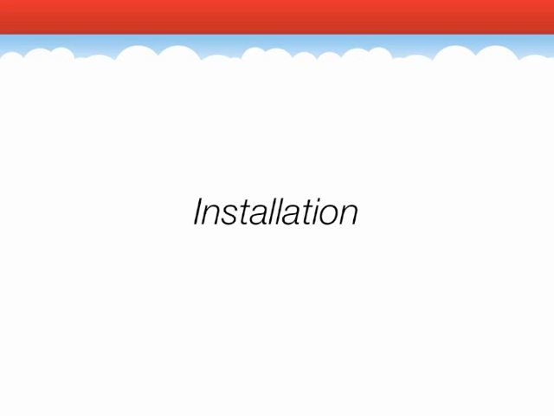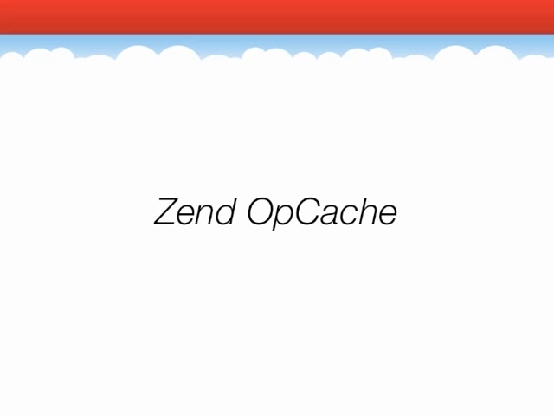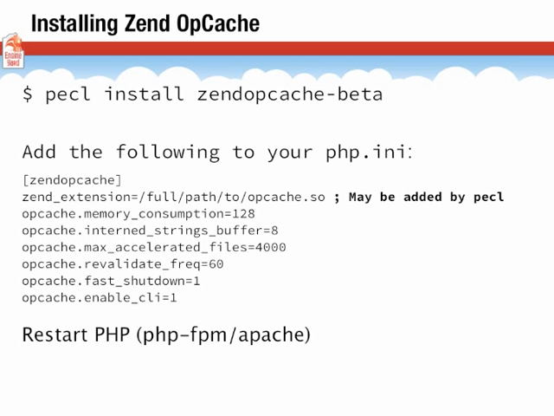Next, we're going to talk about installation. Each of these extensions is available via PECL, which means they all are installed in very much the same way. Let's start by looking at Zend Opcache. To install, you simply call pecl install zendopcache-beta. Then we need to add some configuration to our php.ini, as shown here.